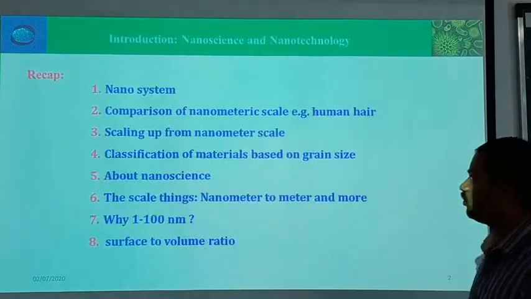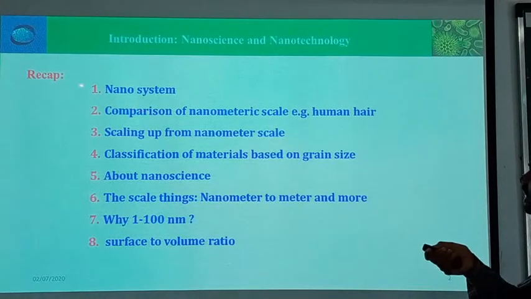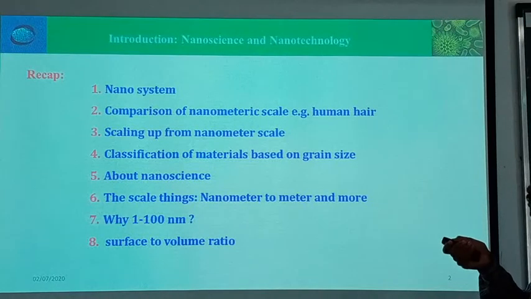So, up to now, what we have learned: in the last lecture, the nanosystem. What are the different dimensional materials, two-dimensional, three-dimensional or zero-dimensional, which we have discussed regarding the nanosystem.